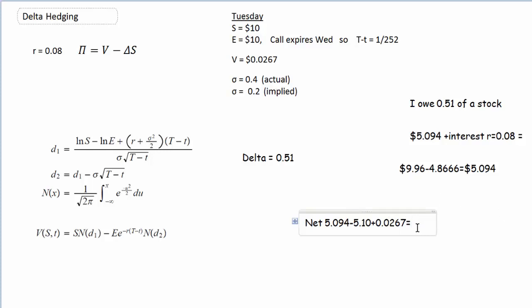So my net is about 2 cents, which doesn't sound like a lot, but yesterday I had nothing, and now I have 2 cents for free.